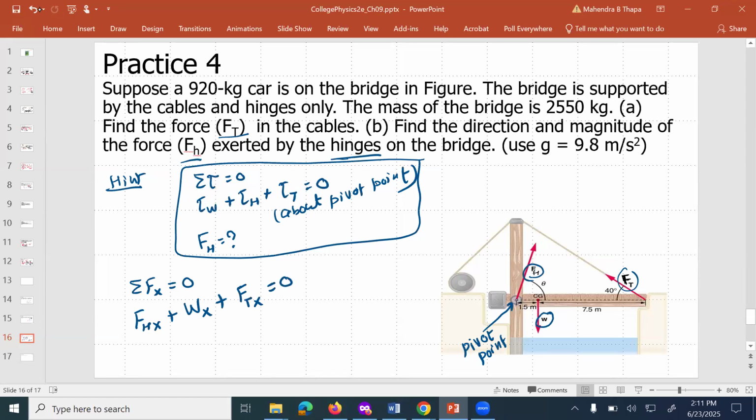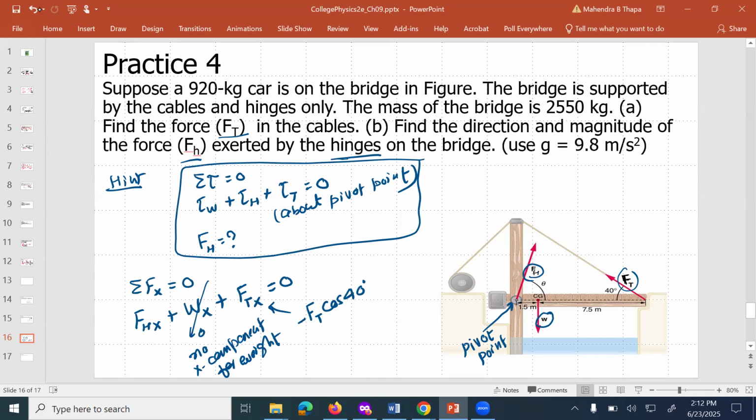This is the x component. So this is clearly 0 because there is no x component of weight, right? This will be, if you use SOHCAHTOA, FT cosine 40 degrees. But you know that this is minus.